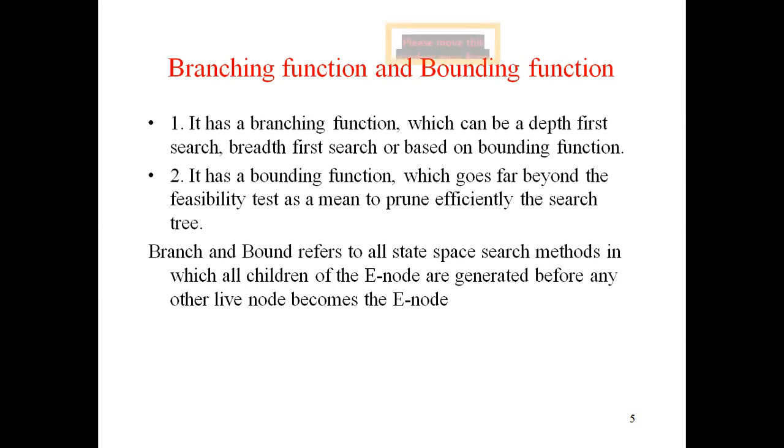Bounding means there is some value; if it exceeds that particular value, that particular solution is not considered.